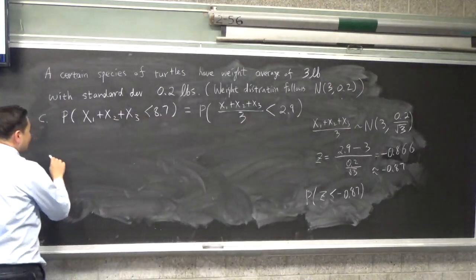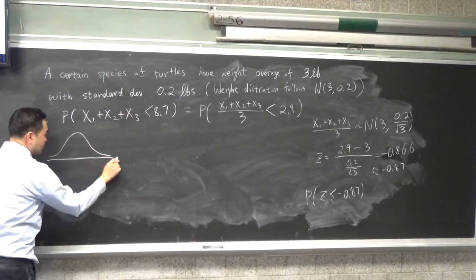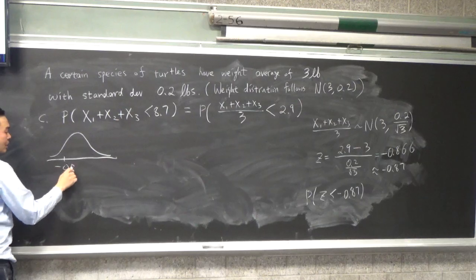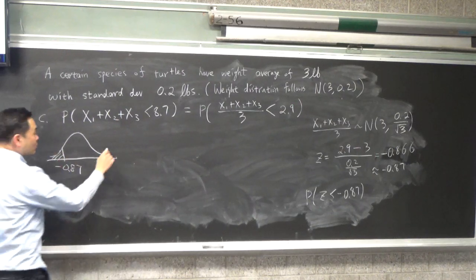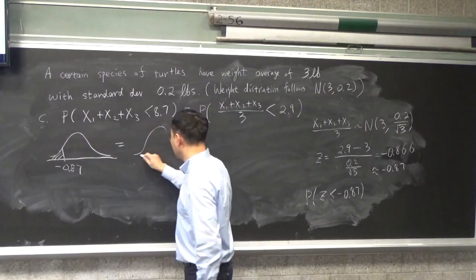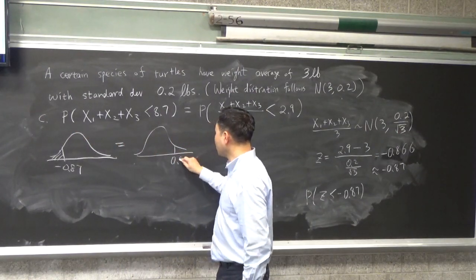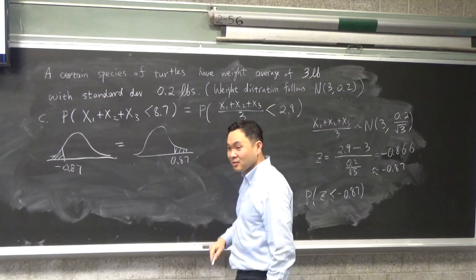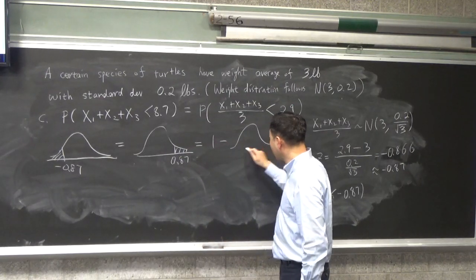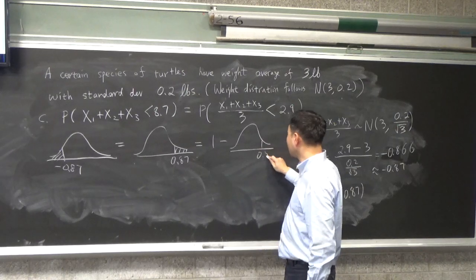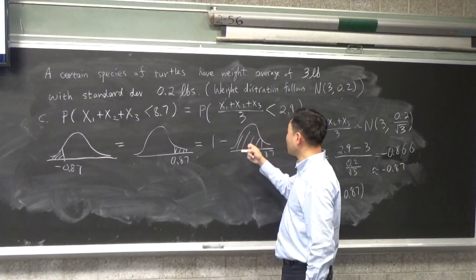So how do we use the symmetry? Here's negative 0.87, and we want to know this. This is going to be the same as 0.87 on the right side, right? But then that's going to be the same as 1 minus 0.87 on the left side. What's this value?